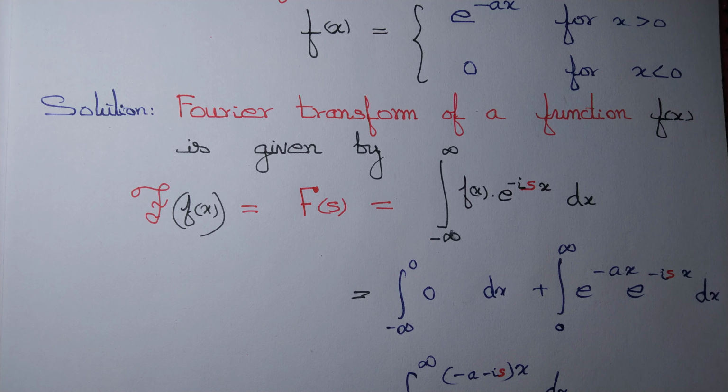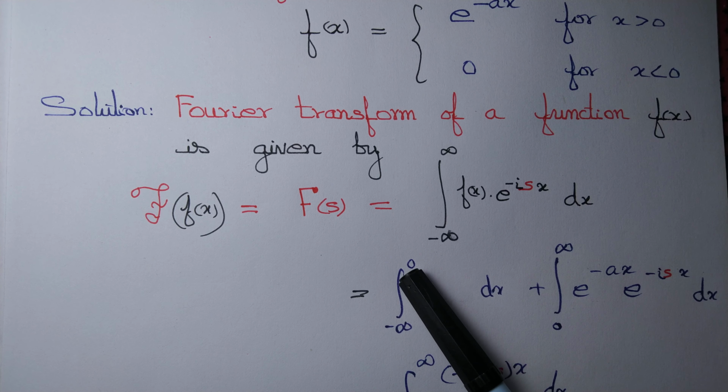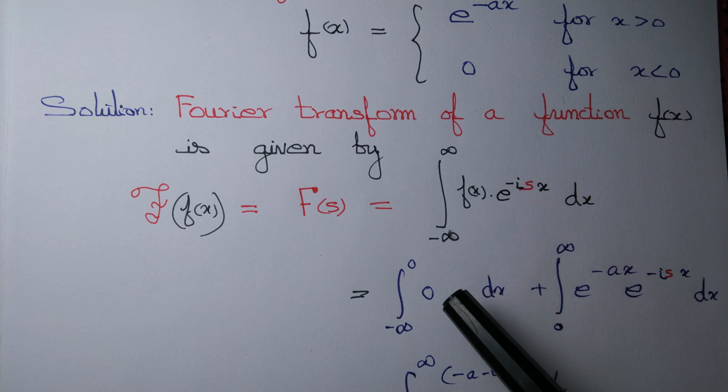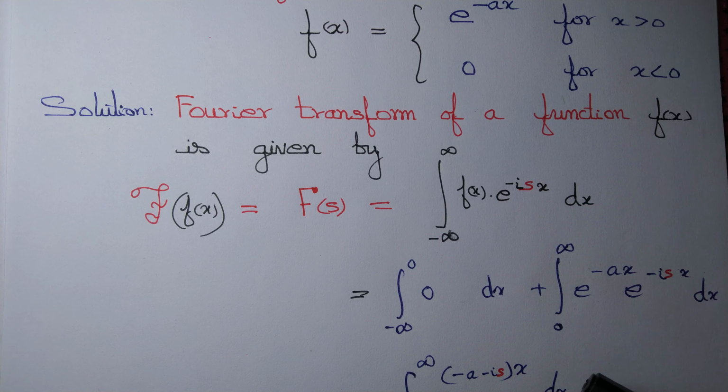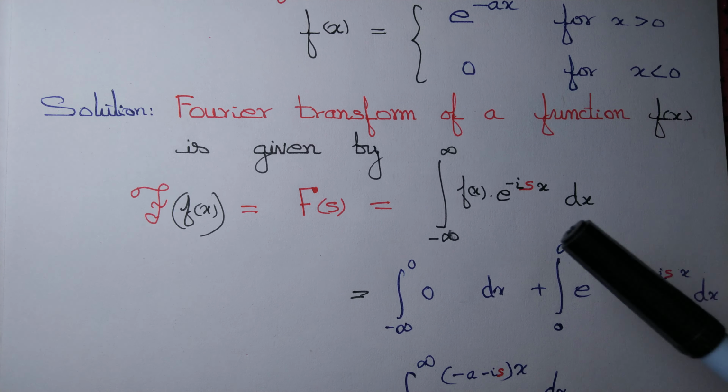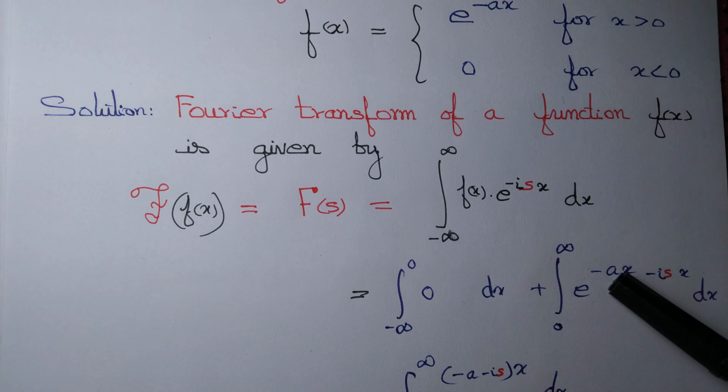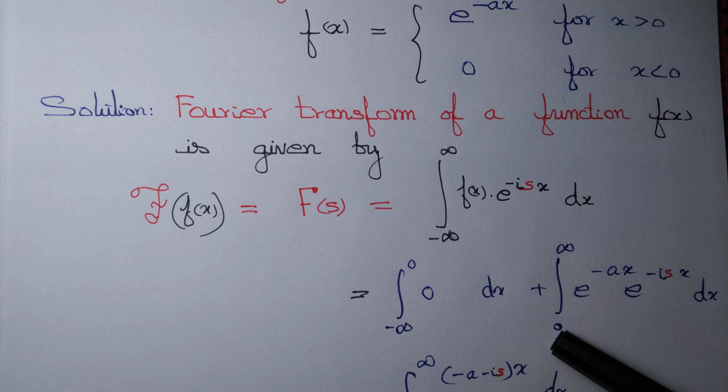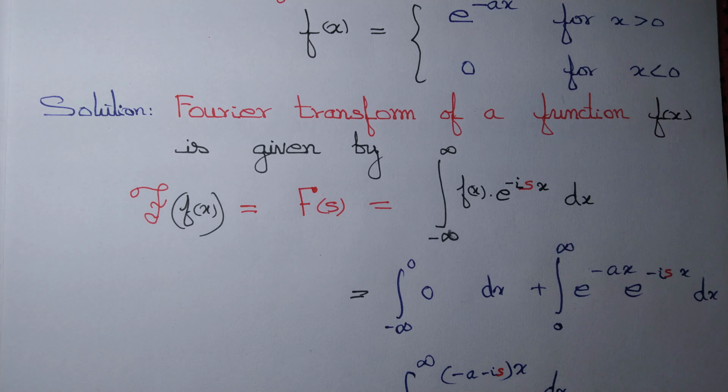Now this integral can be written as minus infinity to 0, because the function is defined to be 0 from minus infinity to 0, and then 0 to infinity. The function is defined to be e to the power minus ax for x lying between 0 and infinity.